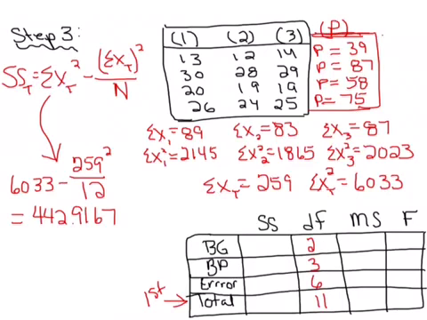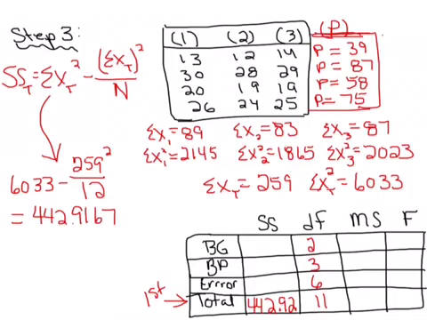So now we can plug that in. 442 point, I'm going to round it to 92. How's that? Just for squeezing things in. So now we have our sums of squares total. We can move on to the next step, which I usually do, the sums of squares between groups.